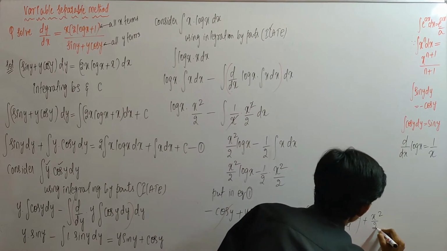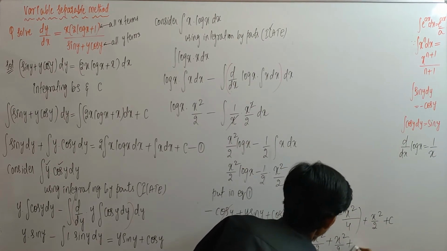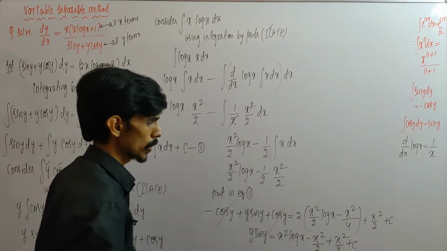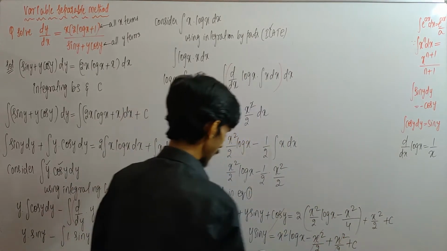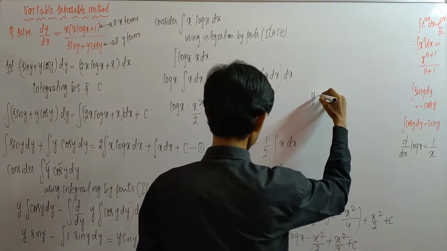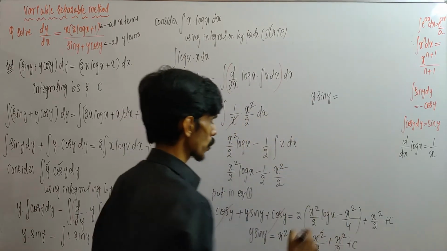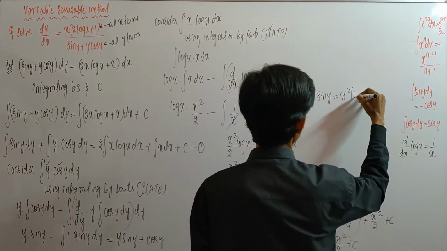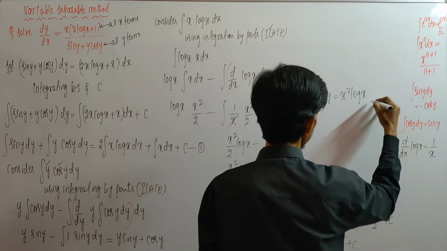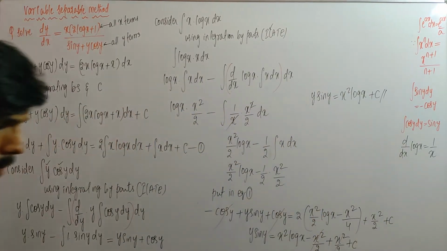So x square by 2 plus c will come. Now these two terms will get cancelled. Finally we got the solution as y sin y is equal to x square log x plus c. This is the solution.